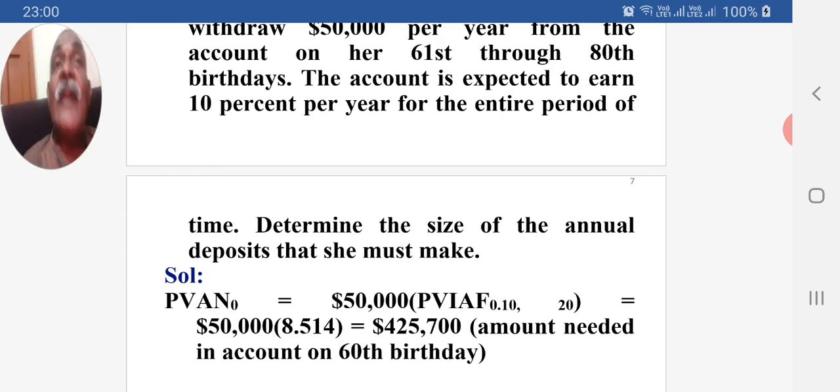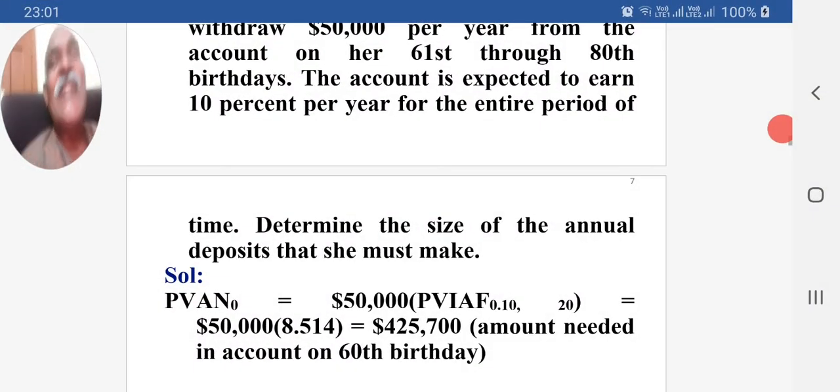It means you should first calculate how much amount you will save till the 60th year of your age, into the bank, so that you will get 50,000 every year up to the age of 80. So 61st year, 62nd year, 63rd year, up to 79 and 80 years, every year you are receiving 50,000 rupees. So again, this is the case of an annuity.